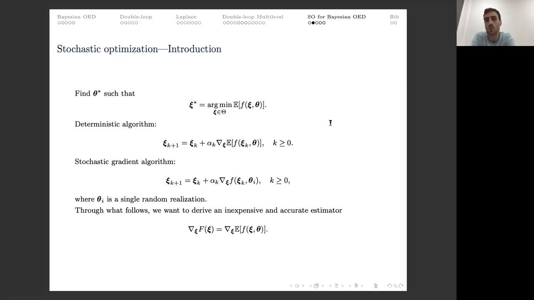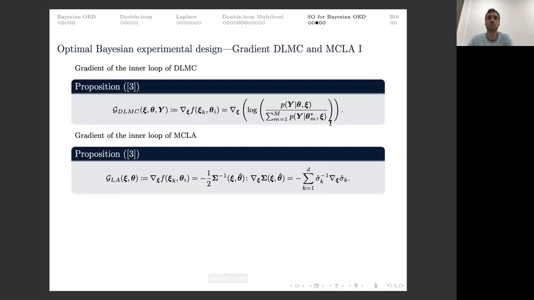When we use only one, it is the well-known stochastic gradient descent. In this work, we have basically two propositions where we show how we can compute this gradient for the Monte Carlo Laplace approximation and for the double loop Monte Carlo.